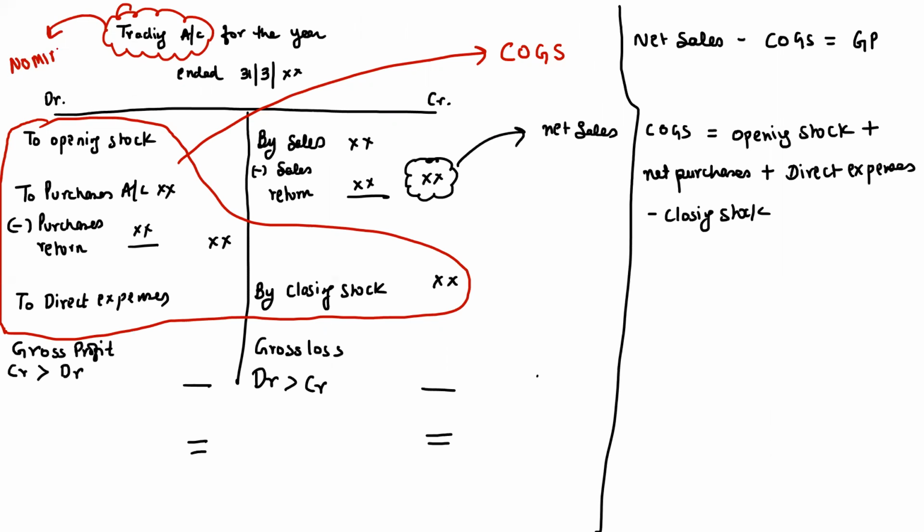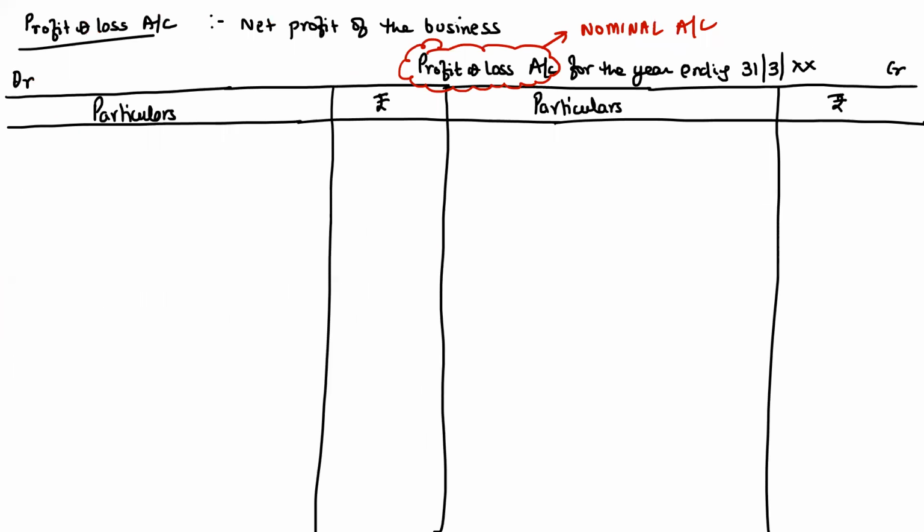We have discussed this in the last class. Nominal accounts are those where on the debit side we write the expenses, loss, and on the credit side we write the gains, sales, revenue, and all that.